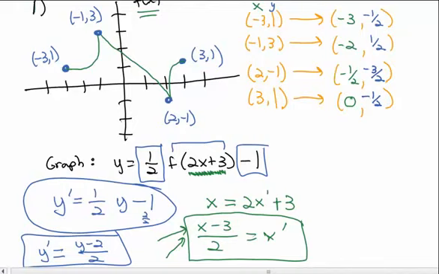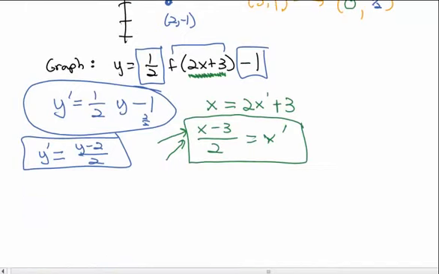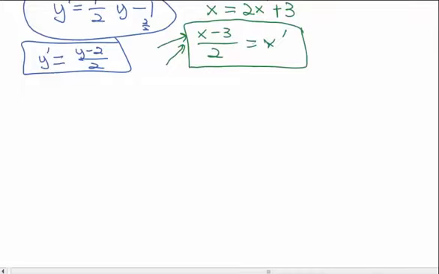We now have the new points for our graph. We're going to have to do a lot of scrolling here as I do this.